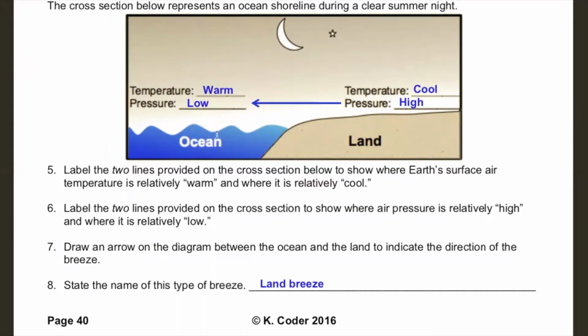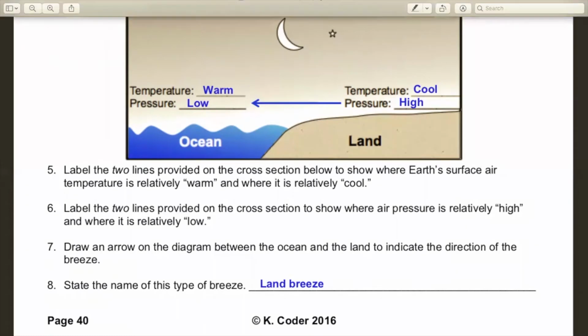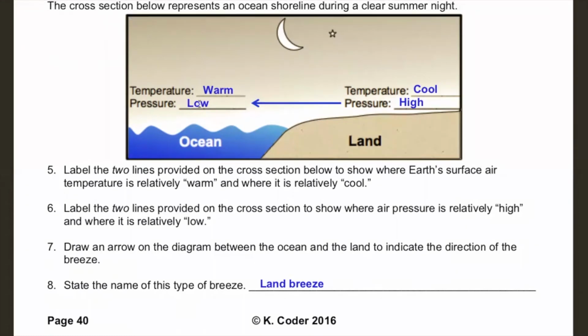And now the water's finally warmed up from the day, so it's actually still a little bit warmer. Remember, this is compared to the land. It's not like it's going to be boiling hot or anything. It's comparative. Now, once again, same thing. Warm things rise, low pressure, taking the air off of my shoulders because it's rising away.